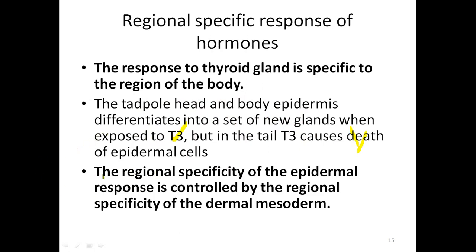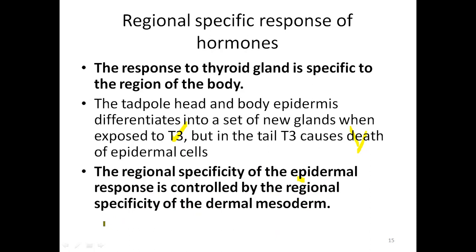Now, this regional specificity of the thyroid hormone is due to the response of the epidermis in different regions of the tadpole to the hormones. This regional specificity is possible by the hormones only when the epidermal response is different.